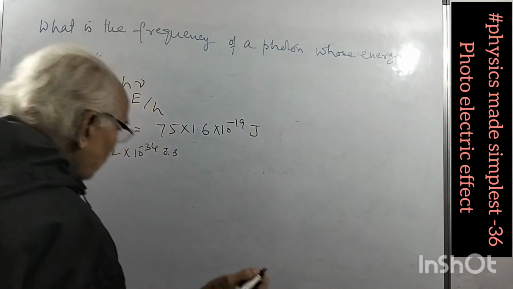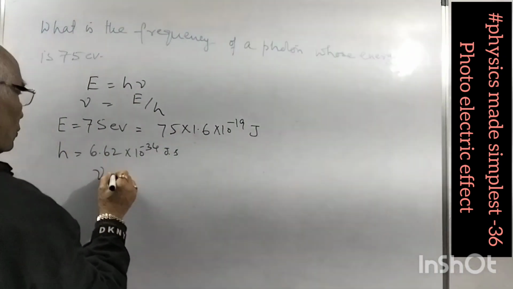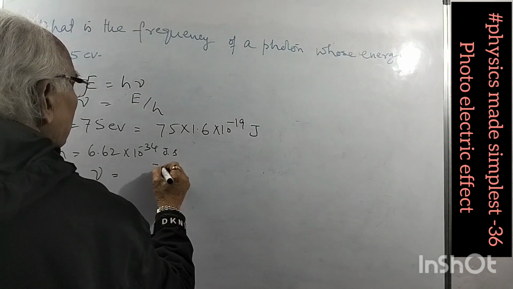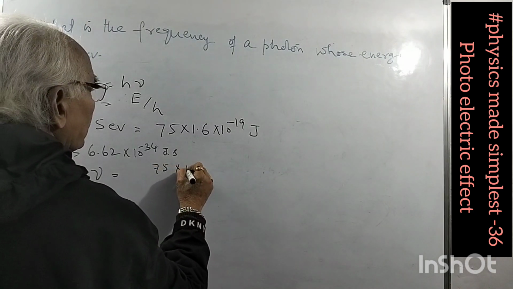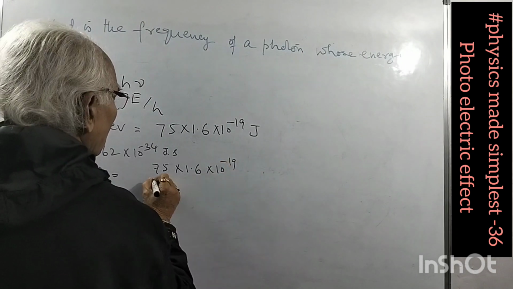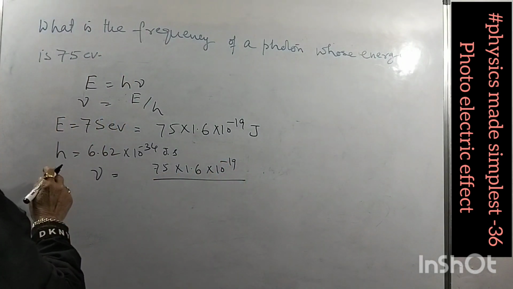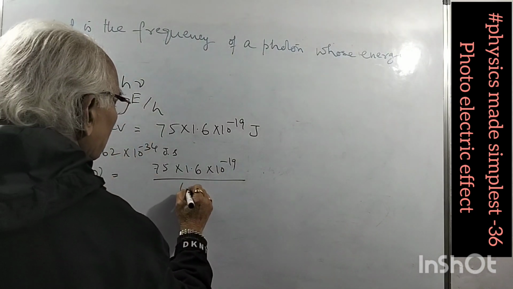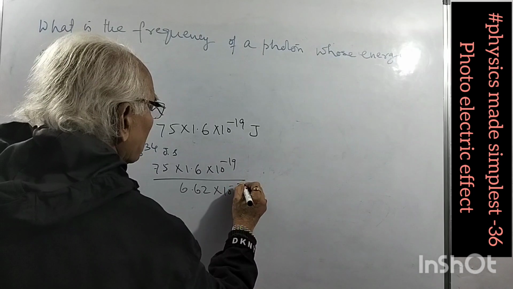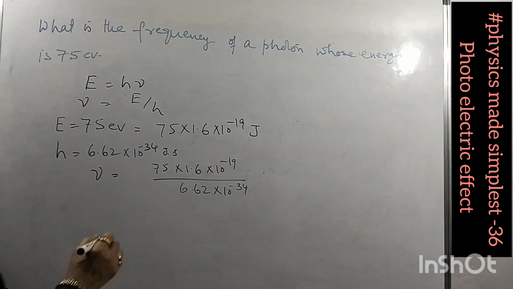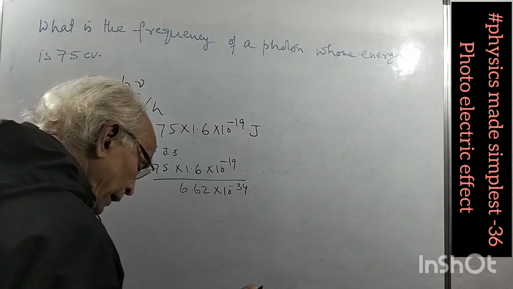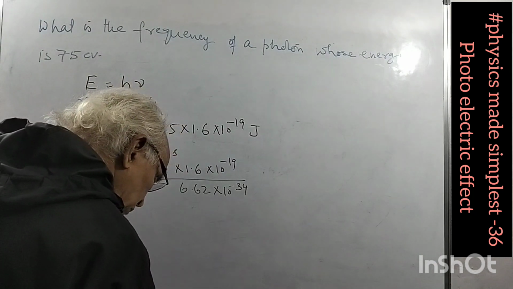So we can get frequency nu equal to E over h, which means 75 into 1.6 into 10 to the power minus 19 divided by 6.62 into 10 to the power minus 34. You solve this, you will get nu, the frequency of the radiation.